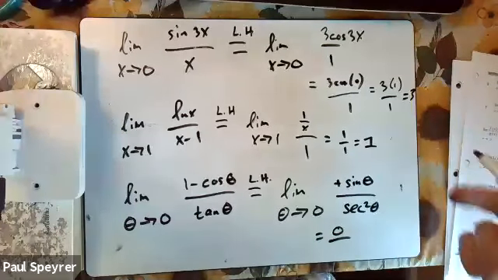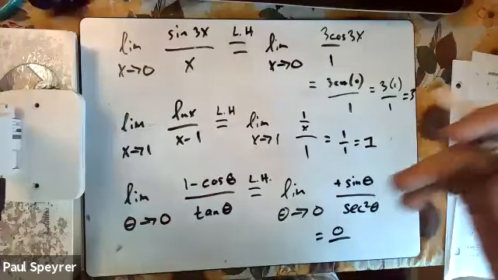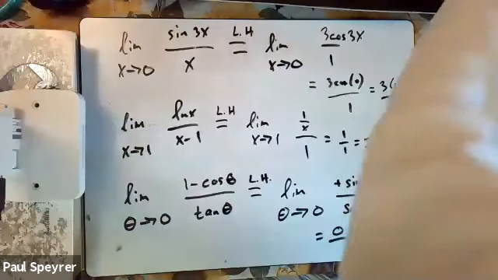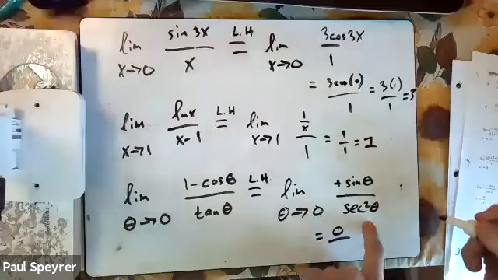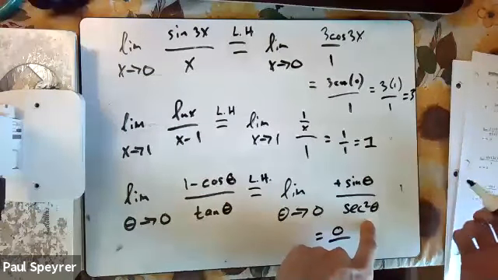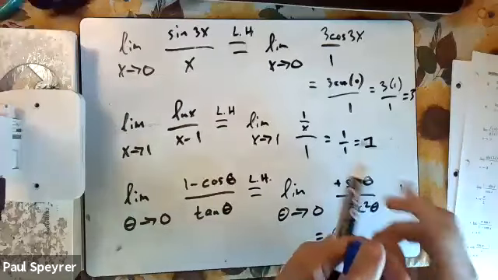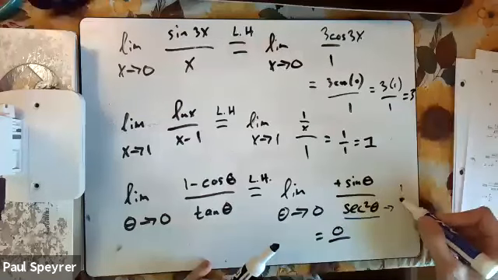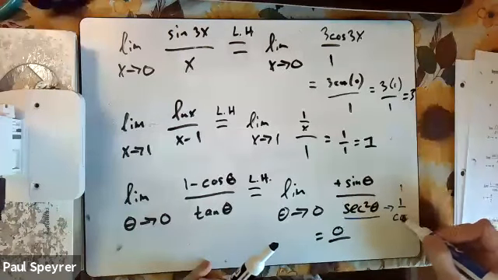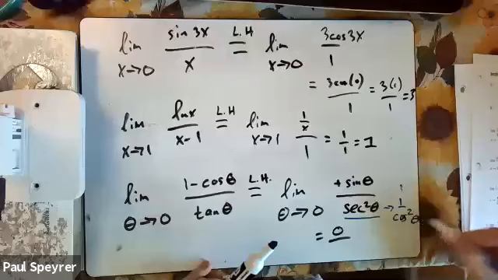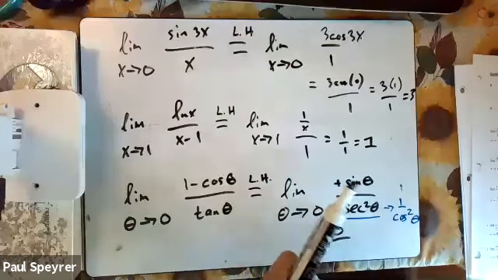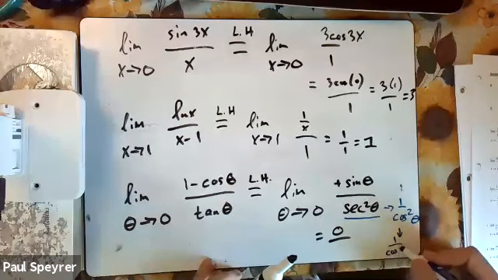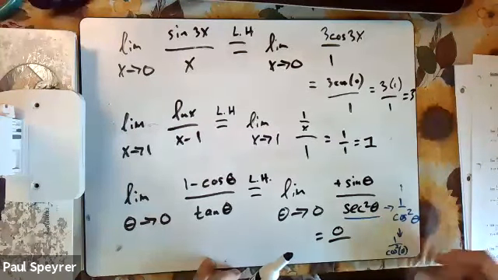Remember, if you don't know what the secants or cotangents or cosecants are of trig functions, write them down in their base form of sine or cosine. Remember, secant is just 1 over cosine, correct? So this little piece right here is like saying 1 over cosine squared of theta. So what is 1 over cosine of 0 squared, right?